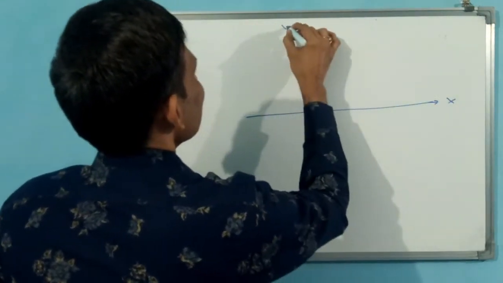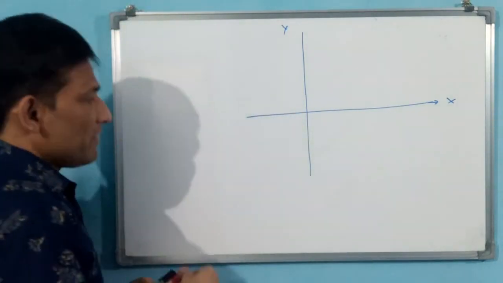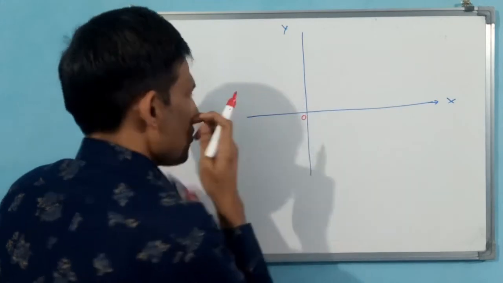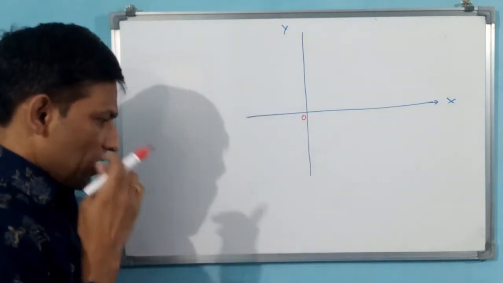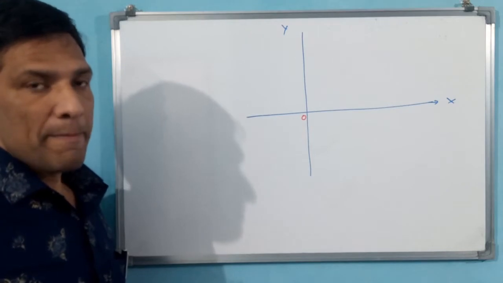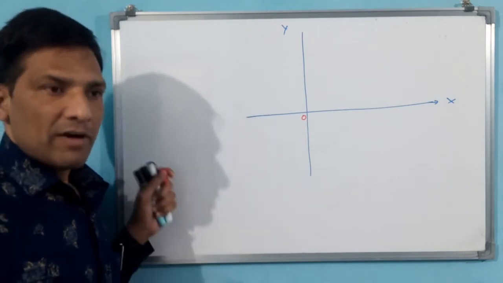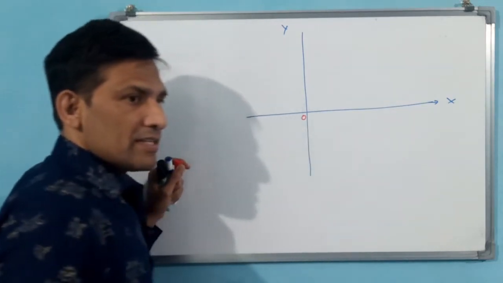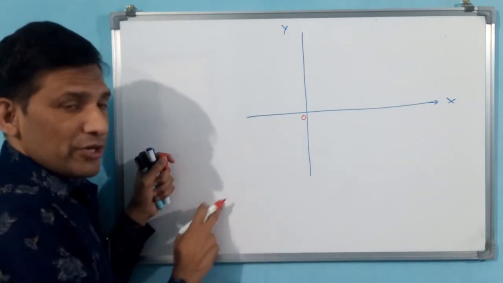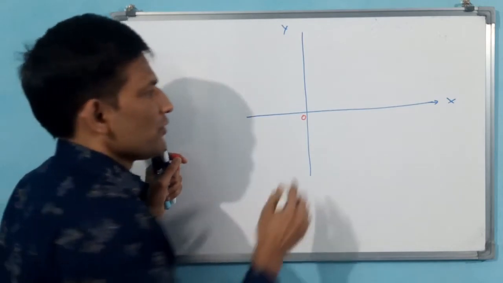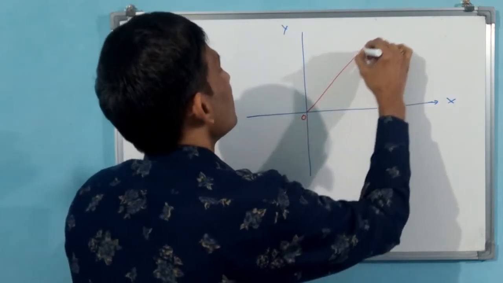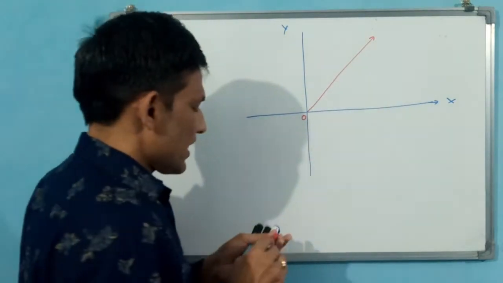This is x, this is y. You know very well that this side is minus, this side is minus, okay, and this is 0. See, for the exponential function we have already told that the base should be greater than 1. If it is greater than 1, then negative will not come. Okay, in the negative area, the functions are not going to come. Even if you give x power 1 also, a straight line will come. Is it okay or not?